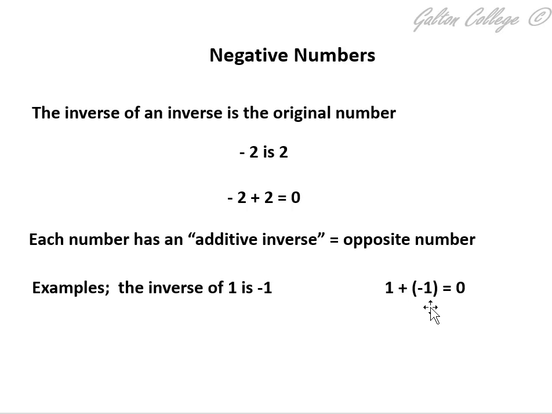So 1 plus the inverse is equal to 0. 5, the inverse is minus 5, so it's 5 plus the inverse, which is 0. Minus 2: we start with minus 2 and we add the inverse. The inverse of minus 2 is 2. Add them together and we get 0.